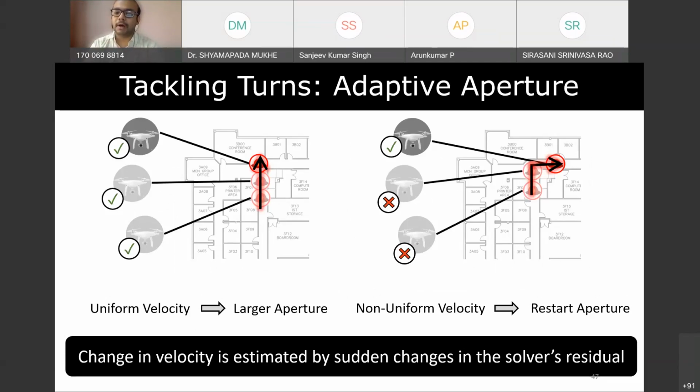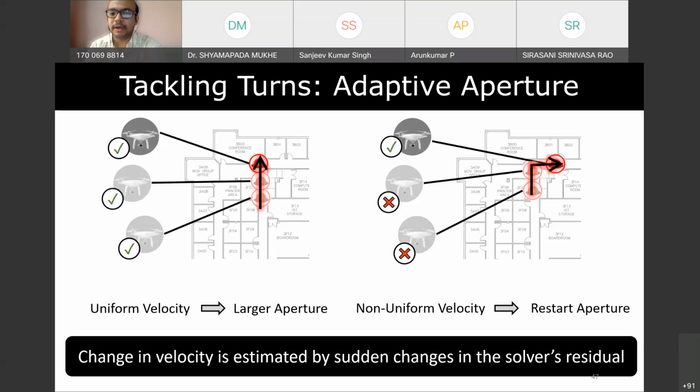So we have to somehow know at what point the person has changed his direction. At that point, we will restart the aperture. That is why we call it an adaptive aperture. So we have to detect whenever the person is taking a turn, as on the right-hand side, and from that time onwards start a new aperture for solving the equations for velocity.